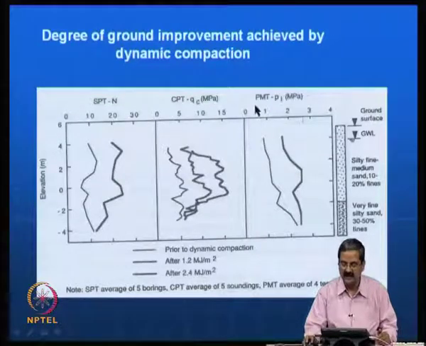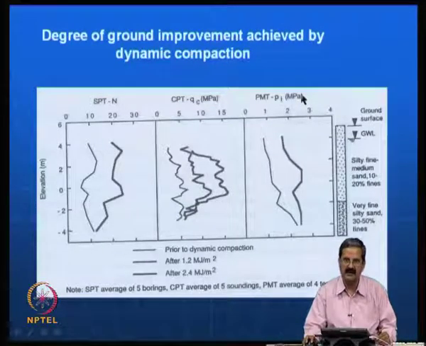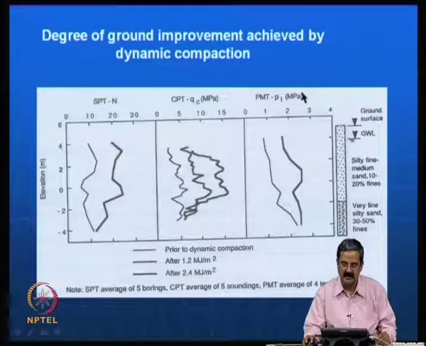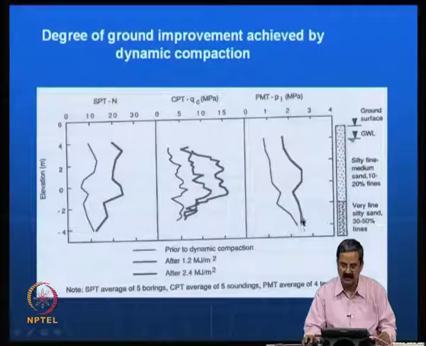Similarly, in the case of the pressure meter test, it is called limit pressure. Limit pressure is another important variable you get as a result from the pressure meter. You can see that the limit pressure is low when it is not improved, and when it is improved there is a good difference.